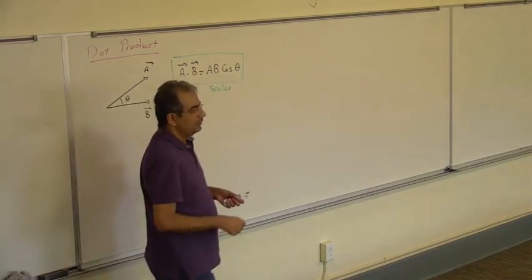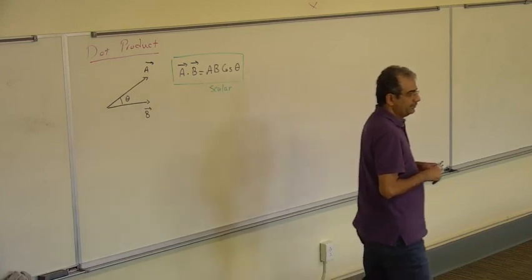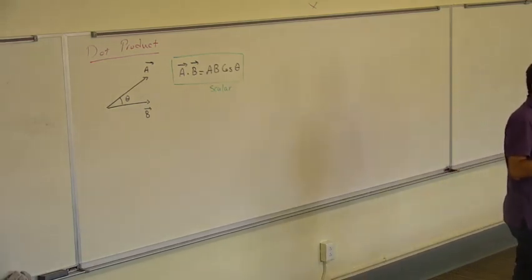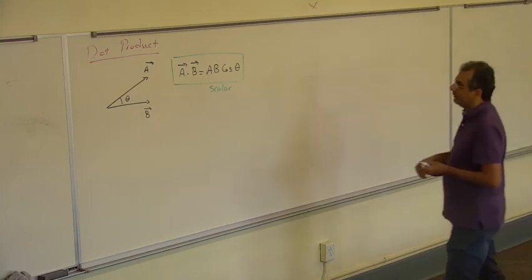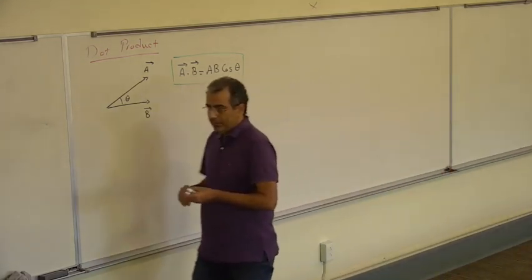It is not a vector. So you remember that if you have a dot product, the result is just a number, like 10 or 5, something like that. It's not going to be a vector.